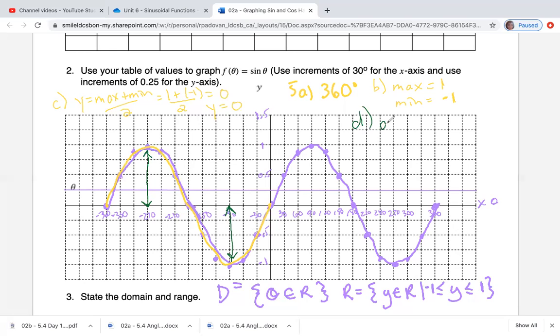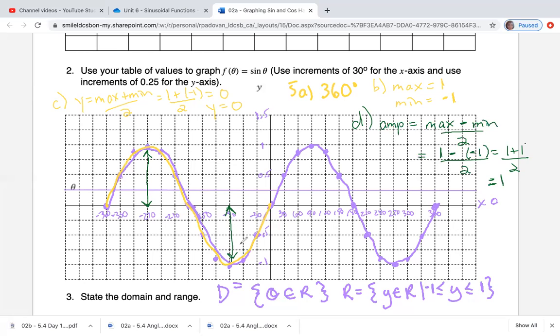So my amplitude, mathematically, would be equal to the max value minus the min value divided by 2. So the max value is 1, subtract the min, which is -1. So I actually have 1 plus 1, which is 2, divided by 2, is equal to 1. So the amplitude is 1, and I can see on here from 0 to 1, it has a height of 1, or a radius of a circle of 1. From 0 to -1, it has a height of 1.